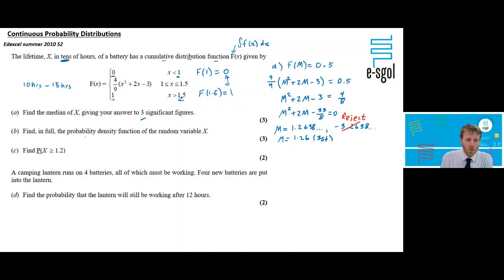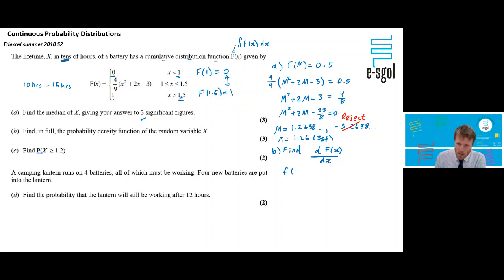Part B, find in full the probability density function of this random variable. So this function that we've been given is the integrated function, so what we need to do is differentiate it. For part B, we want to find the derivative of that.